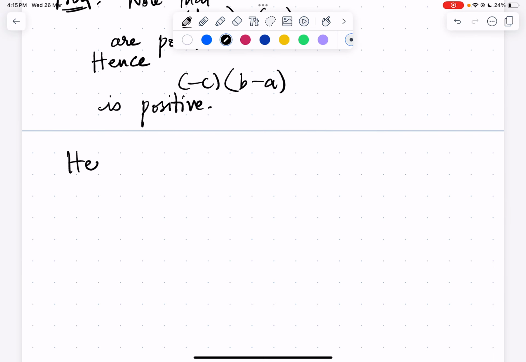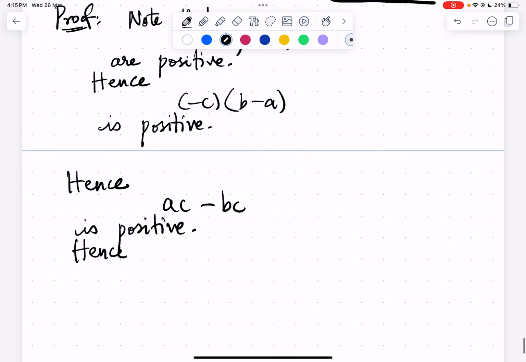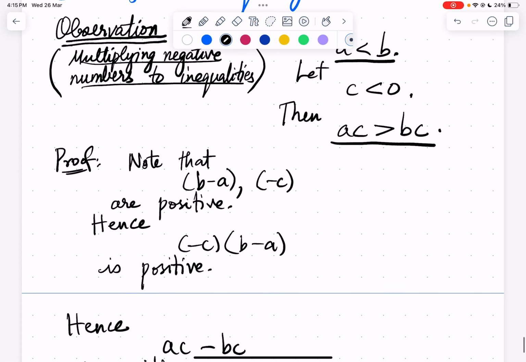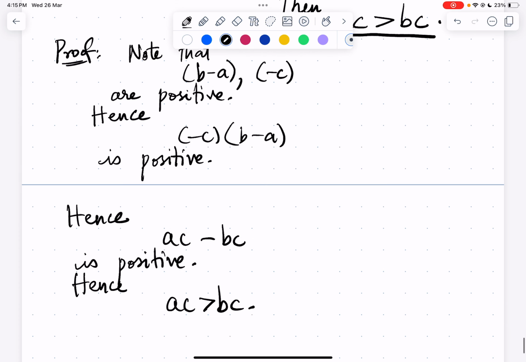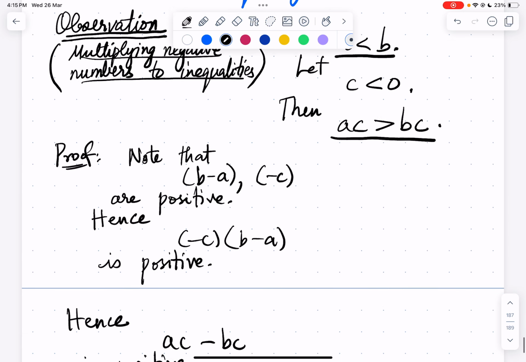Hence, AC minus BC, this quantity is positive. Hence AC is greater than BC. So we begin with A less than B, that is B minus A is positive, and we get that AC minus BC is positive, that is AC is greater than BC. So the inequality flips.